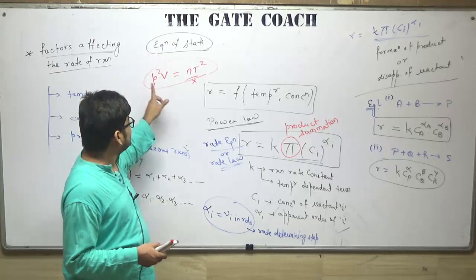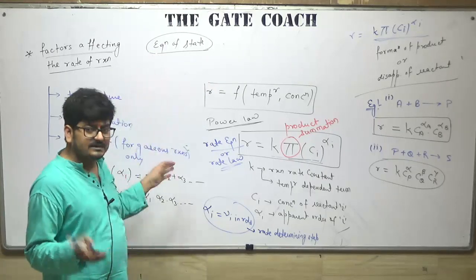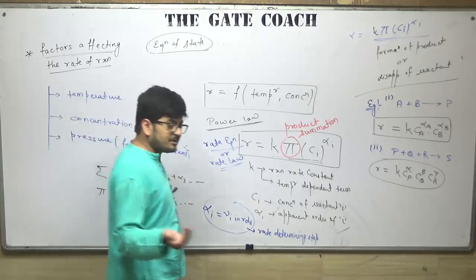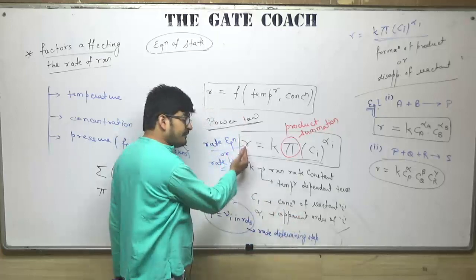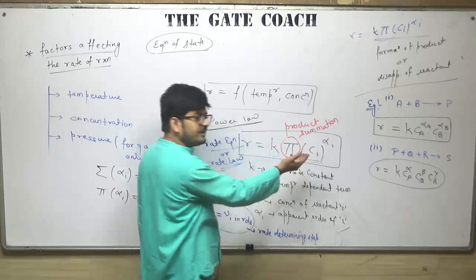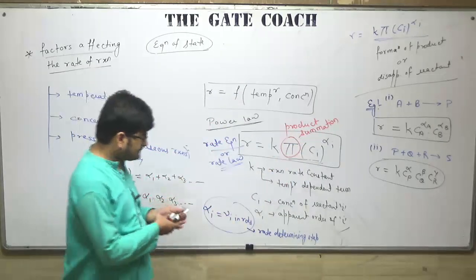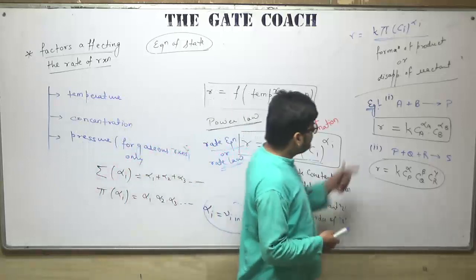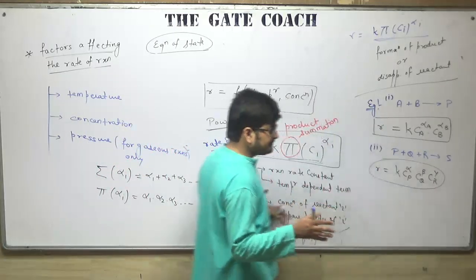Any equation which relates pressure, volume and temperature is an equation of state. Similarly, what is the rate equation? Any mathematical equation which relates rate of reaction with rate constant k and concentration of reactants is known as the rate equation. I hope now you can write the rate equation for any chemical reaction.